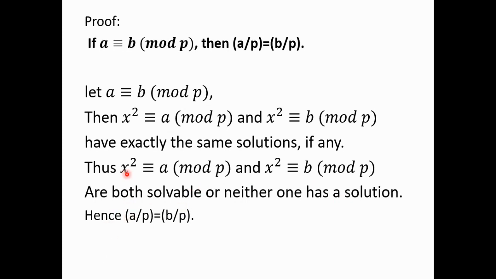So that means the value of the symbol A upon P will be the same as B upon P. So what is A upon P? The symbol denotes that we have to solve this congruence x square congruent to A modulo P. And if we can solve this x square congruent to A modulo P, then the symbol has value 1.